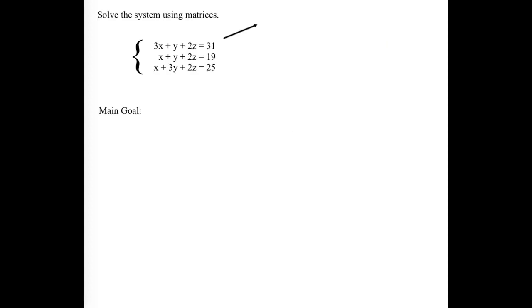All right, so our last example today. You are going to help me come up with the steps that are needed to put it in row echelon form. Okay? So, step 1, rewrite it as a matrix.